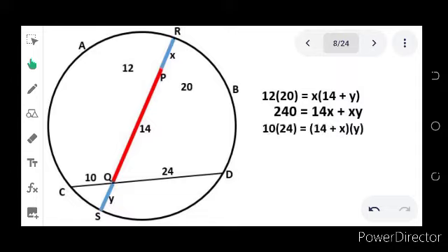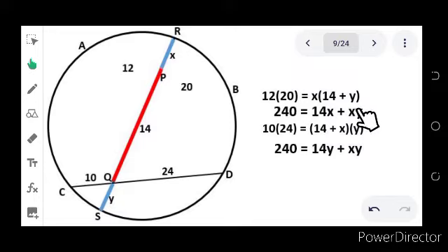That means 10 times 24 is equal to 14 plus X times Y. Solving for that, you have 240 equals 14y plus xy.